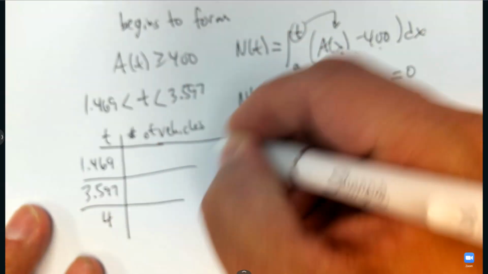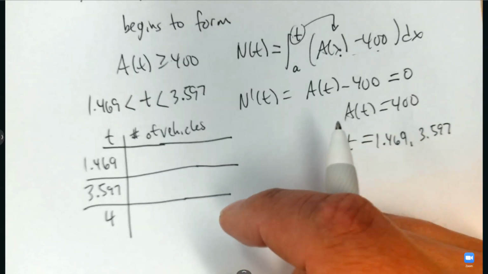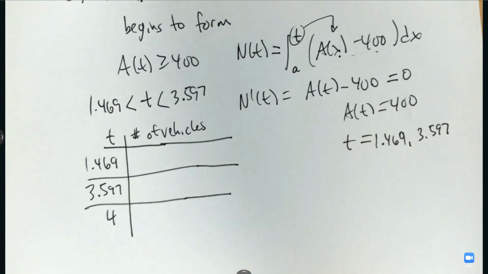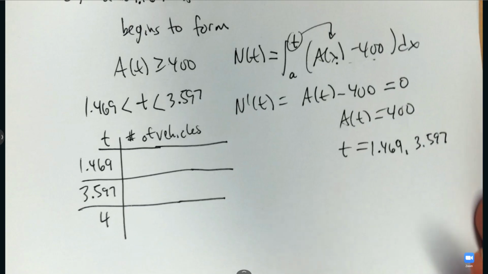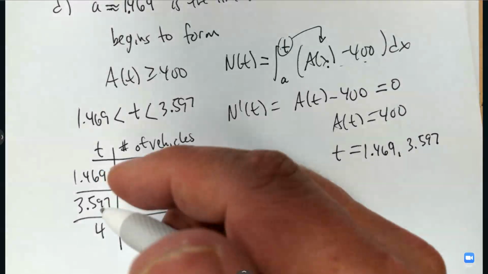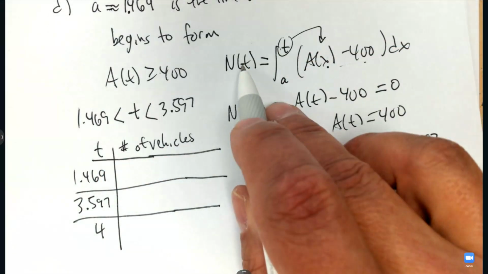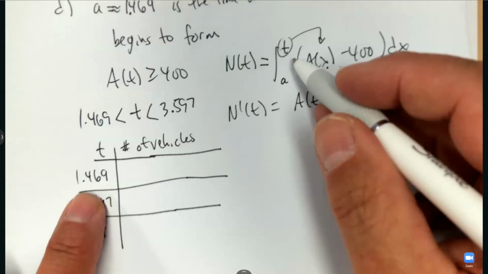And then we need to find the number of vehicles. How would I find the number of vehicles? It involves integrating what I'm looking at. So I'm going to plug in 1.469.